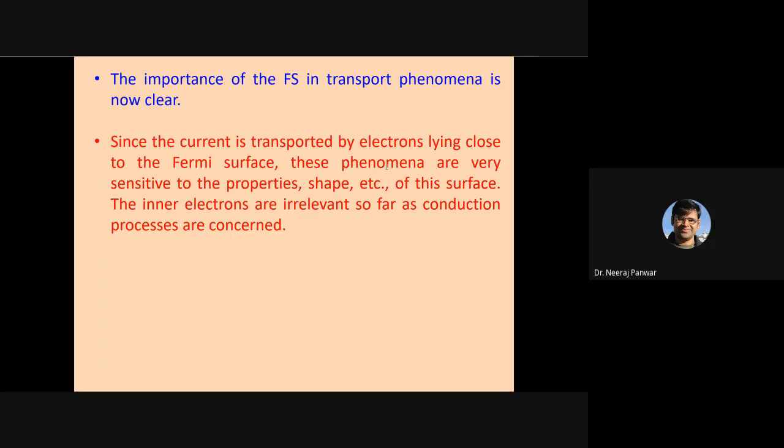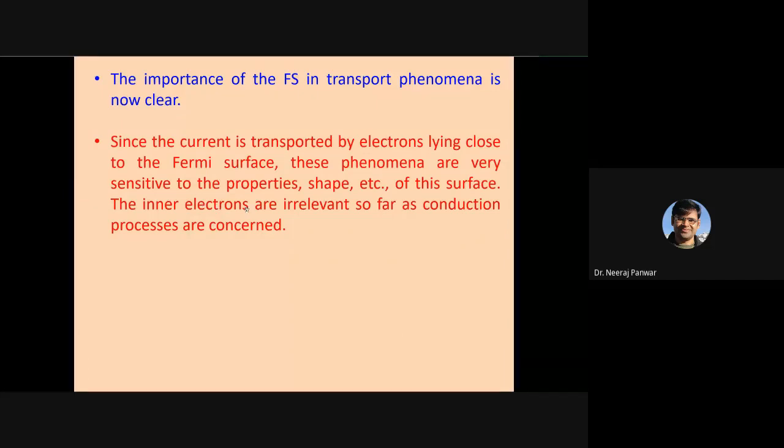So far, we have considered the Fermi surface to be the surface of a sphere, but practically it is not the case. We have seen that all the electrical and thermal properties depend upon this Fermi surface. So the Fermi surface is going to have a different shape, not a Fermi sphere; that is the case practically.